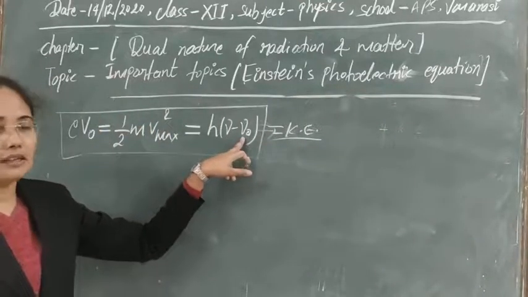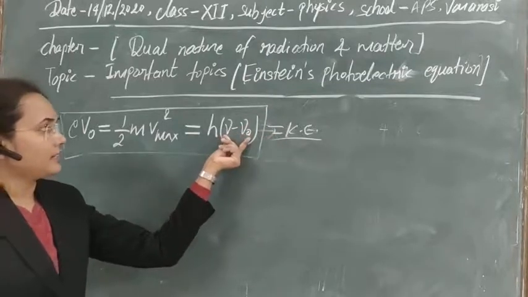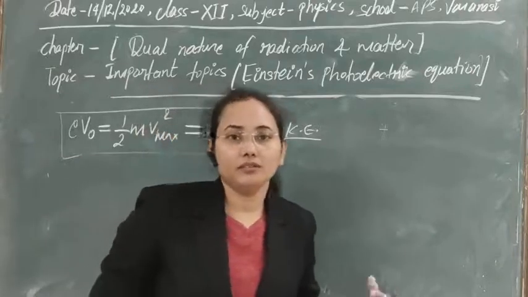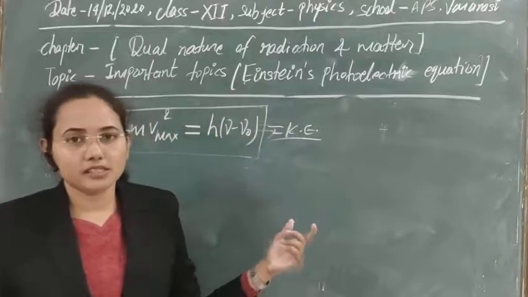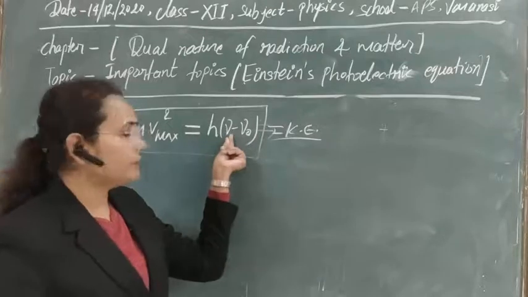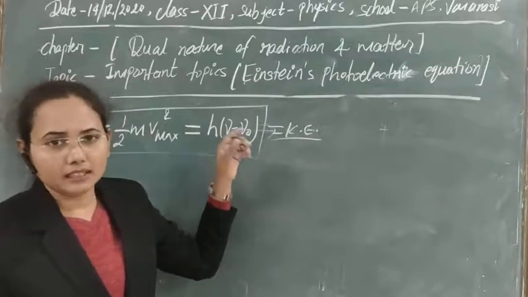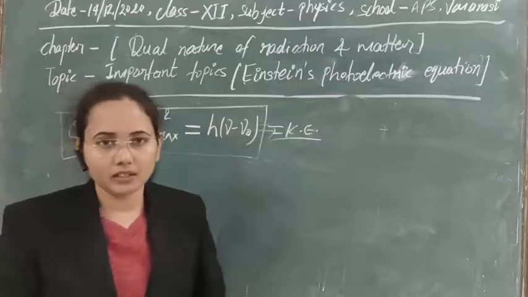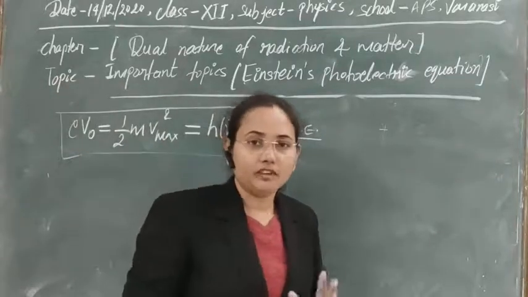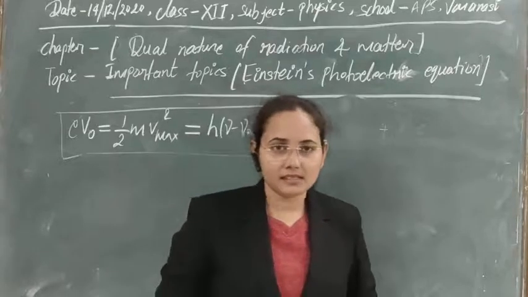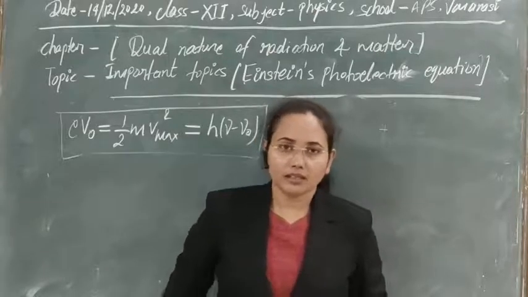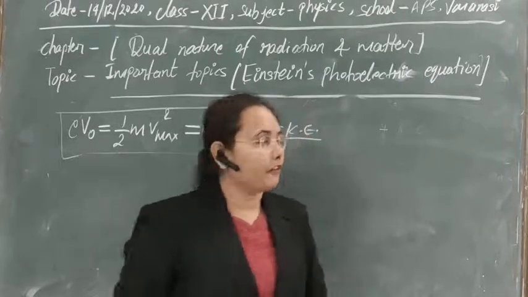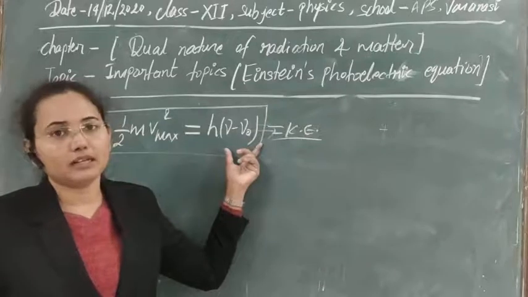From here you can see kinetic energy is directly proportional to the frequency of radiation. If, suppose, for any electron the work function is 0, then obviously it will be directly proportional to the frequency. Otherwise, here also there is a difference of frequency, so definitely kinetic energy is dependent on the frequency. So the first law of photoelectric emission is clear here. The kinetic energy of ejected photoelectrons is totally dependent on the frequency, not on the intensity.